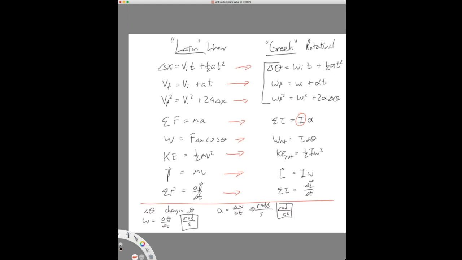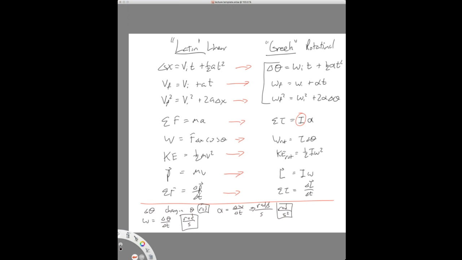So those units, where theta is in radians, are kind of our keys when we're reading problems and trying to translate and interpret them, to know what we're talking about. So theta is kind of like our x variable, our displacement, and omega is our velocity variable, and alpha is our acceleration variable.